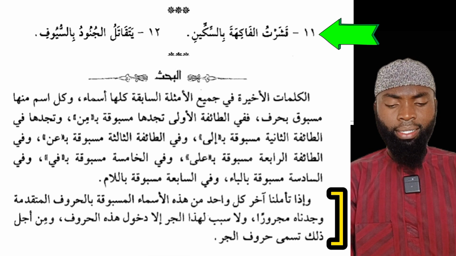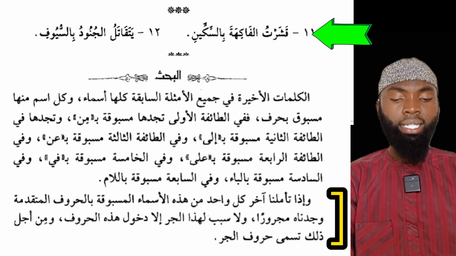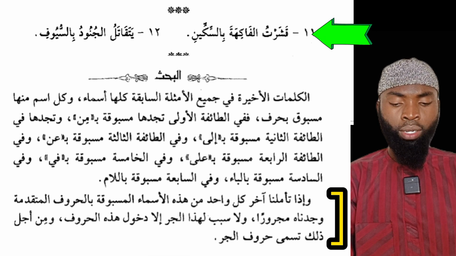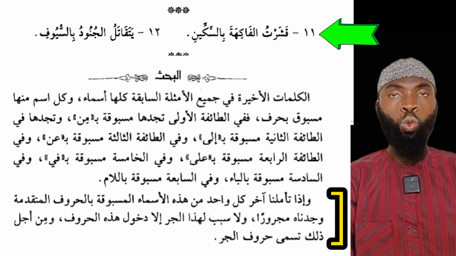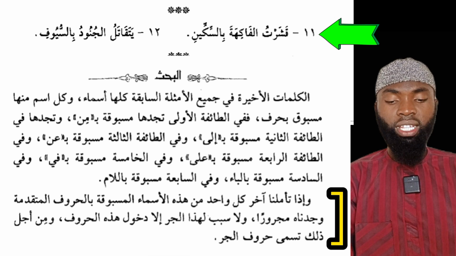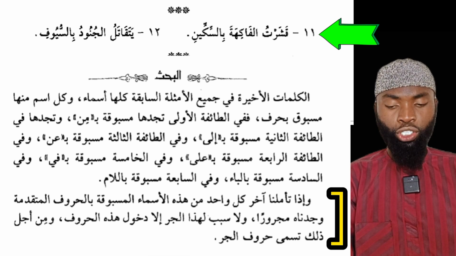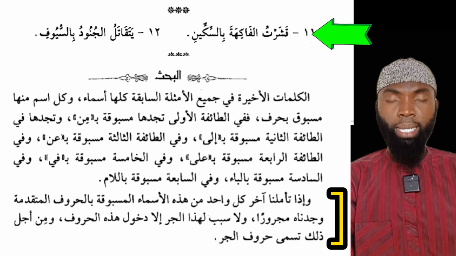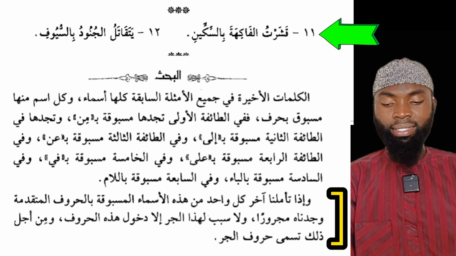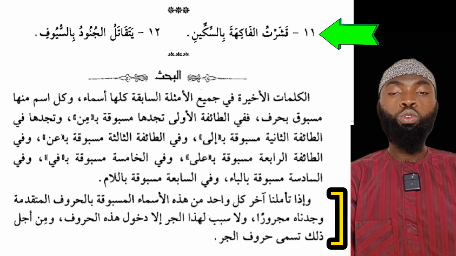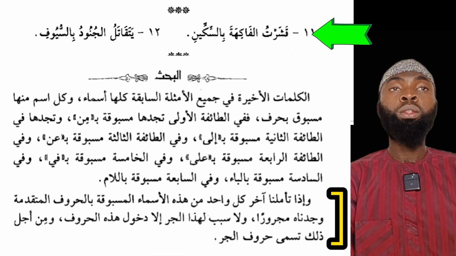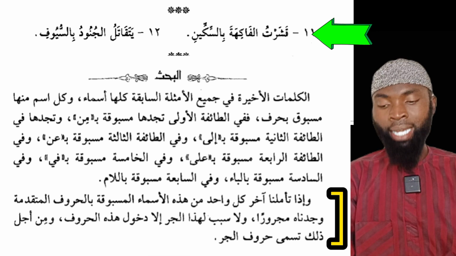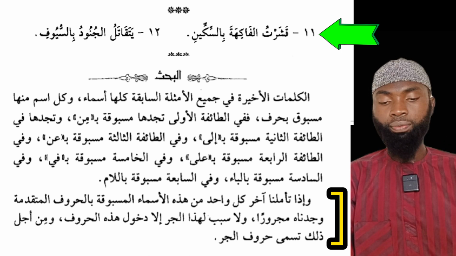And there is no reason for it to be carrying this kisra except the introduction of these particles, these prepositions into the sentences. And for this reason, these particles and prepositions are called huruf al-jarr. That is, the particles which draw a noun to carry kisra.